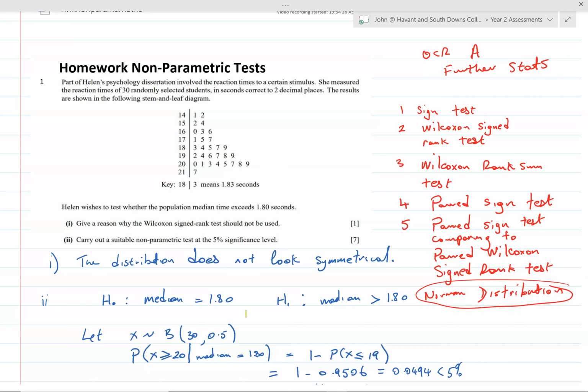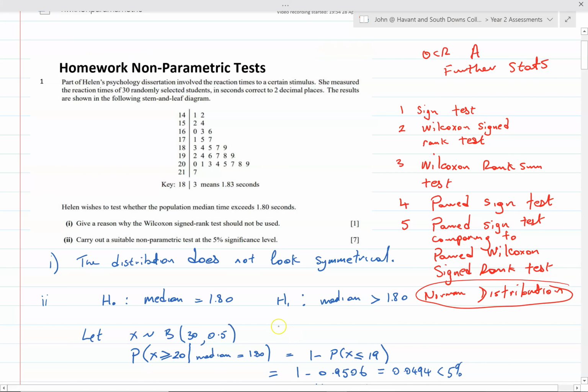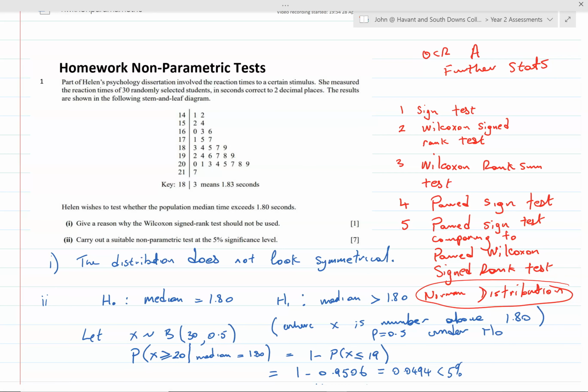So I'm letting X be the number above 180, and under the null hypothesis, p equals 0.5. If the median is 180, there will be an equal chance of it being either side of 180, so a 0.5 chance of it being above 180.